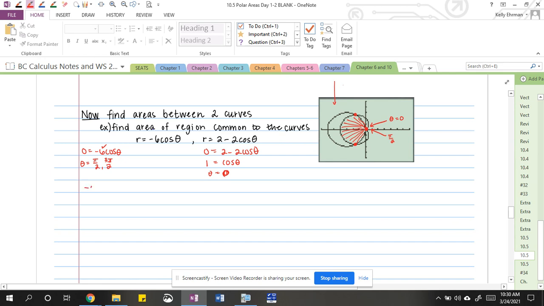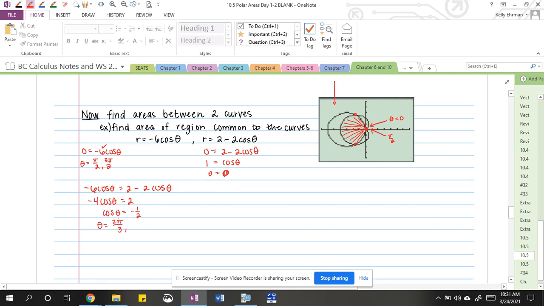When is -6 cosine of theta equal to 2 minus 2 cosine theta? I'm going to add 2, so -4 cosine theta equals 2. Cosine theta equals -1/2. So reference angle is pi over 3. So in quadrant 2, that's 2 pi over 3.